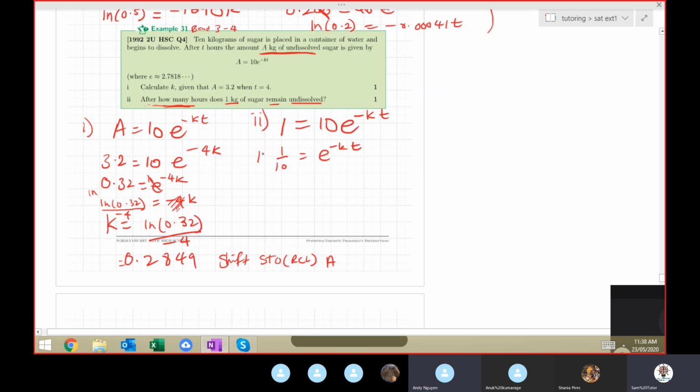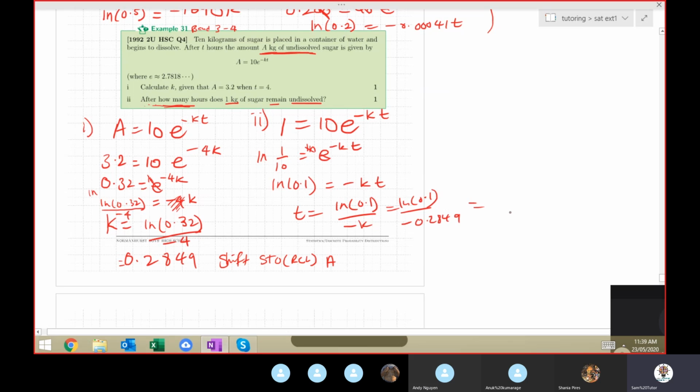Log it. Log of 0.1, it's easier. This cancels out, your power comes to the bottom. You're trying to solve for t, what do you divide? Negative k. There you go. Over negative k, which is log 0.1 over negative 0.282849.